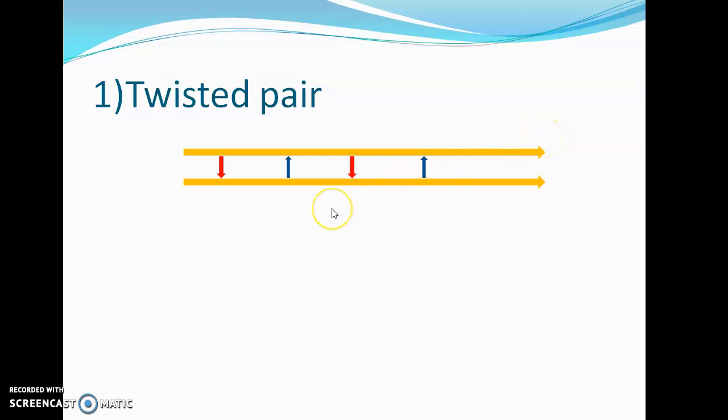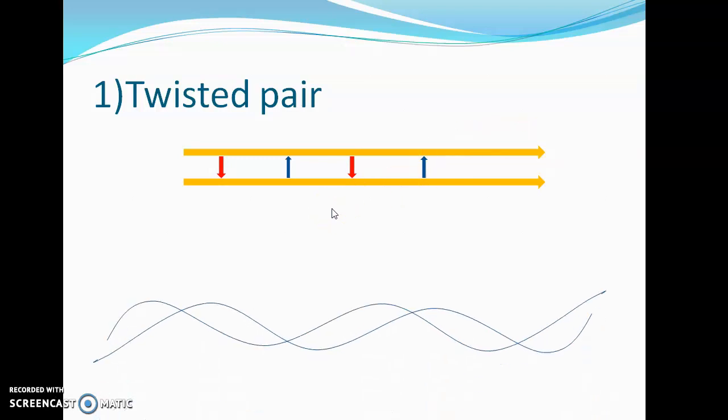So in order to prevent that, we take these two pairs of copper wire and they will be twisted. In this portion, the two will interfere with each other. That means the signal from the first wire and the second wire will interfere with each other. But every time they come across a twist, the extra heat absorbed by the wire will tend to get cancelled off.